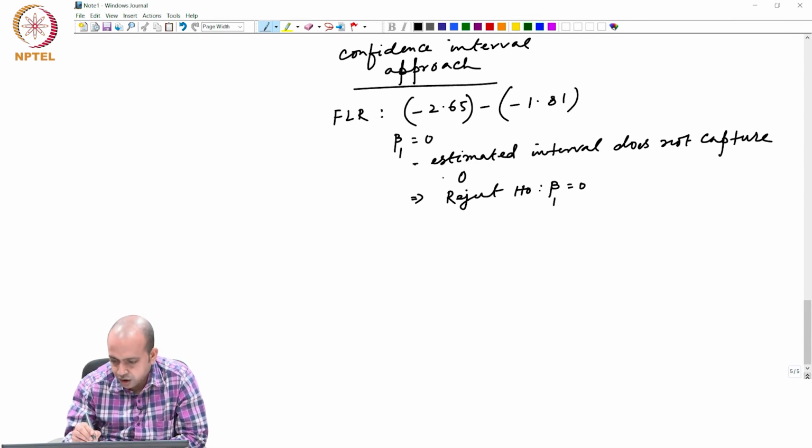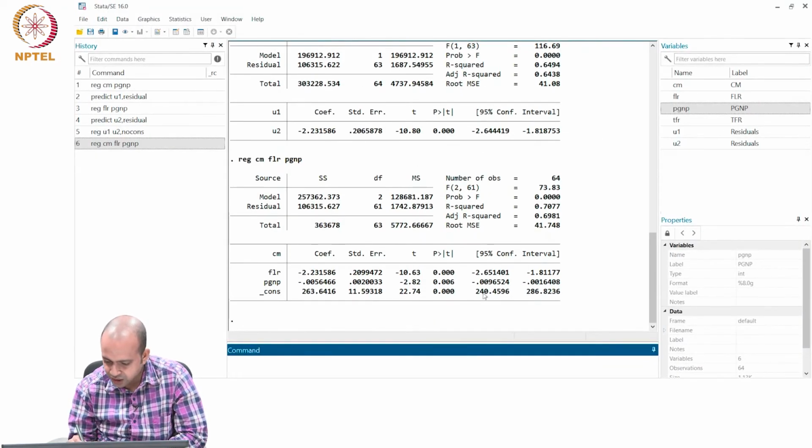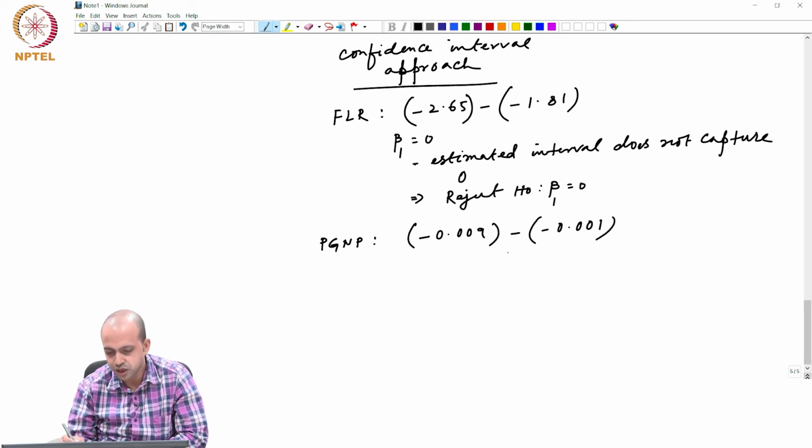Then what is the interval for Pgnp? Pgnp's interval is minus 0.009 to minus 0.001. This is the interval. Okay. This interval also, since both are negative, does not capture 0.